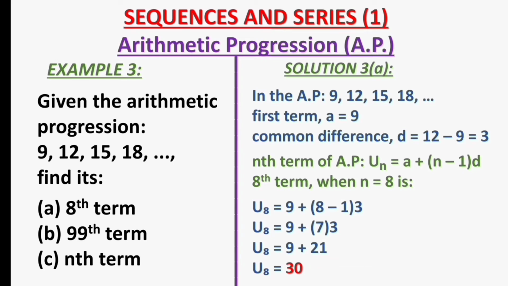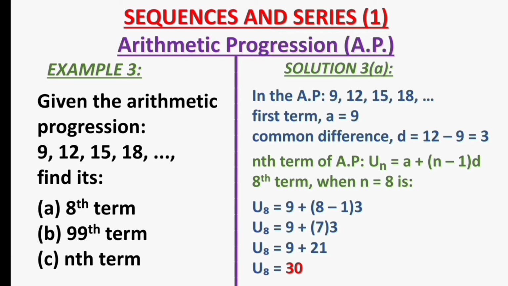The 8th term of the arithmetic progression is 30. In other words, when you keep on adding the common difference 3 to the arithmetic progression 9, 12, 15, 18, and so on, the 8th term in the sequence will be 30. I hope the solution to example 3A is clear to you.